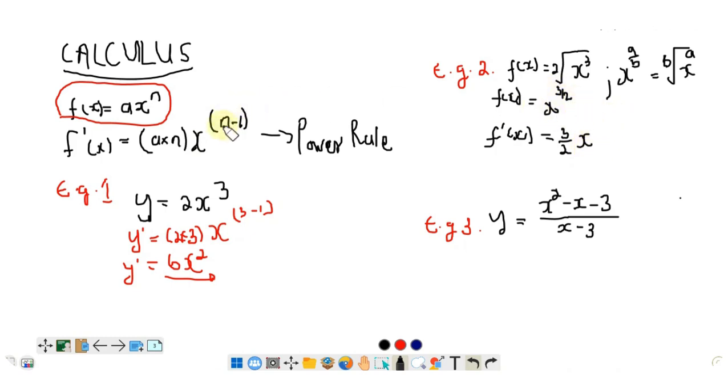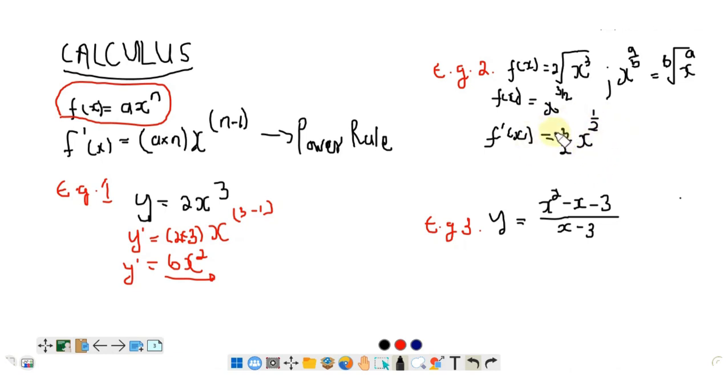To the exponent we say n minus 1, so 3 over 2 minus 1. You can write it on a calculator. 3 over 2 minus 1 is 0.5, because 3 over 2 is 1.5. So 1.5 minus 1, you remain with 0.5. 0.5 is half. So you can just punch that on a calculator.